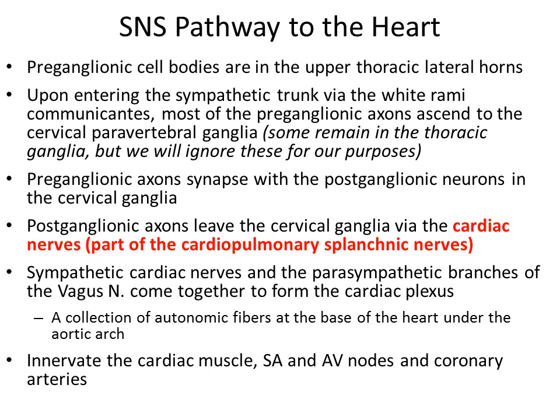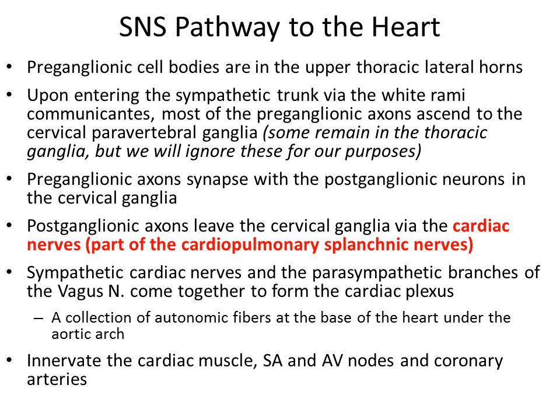Once in the sympathetic trunk, most of these axons are going to ascend to the various cervical paravertebral ganglia. They'll synapse in one of these ganglia with the postganglionic neuron, whose axons will leave the sympathetic trunk and travel to the heart through the cardiac nerves.